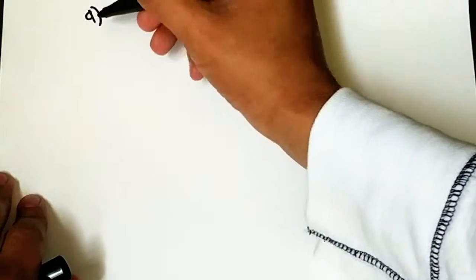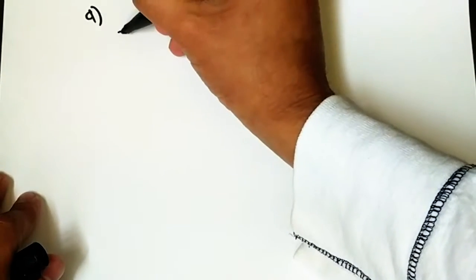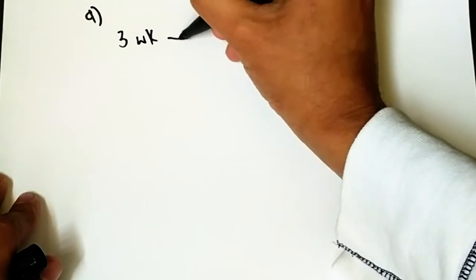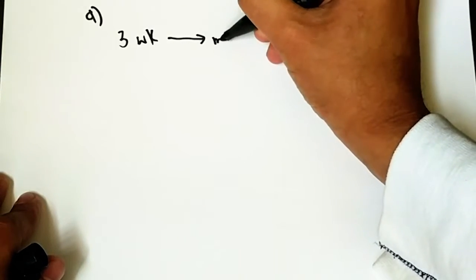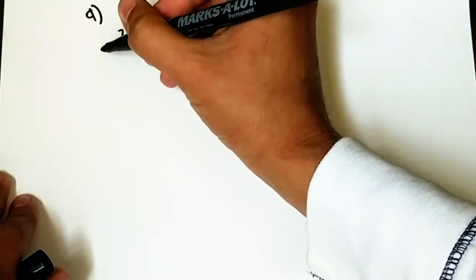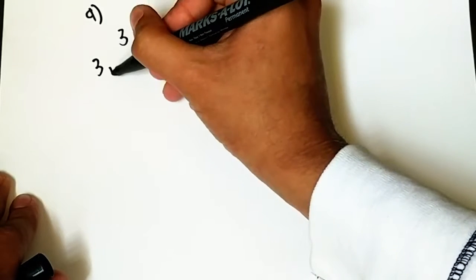Alright, y'all, so let's try this again. So number A, we are tasked to convert 3 weeks to milliseconds. So again, we're going to just do the same exact thing, but now just on pen and paper. Tell me what you like more.